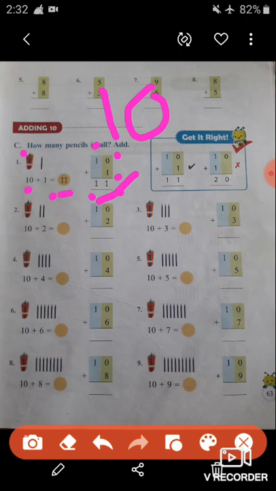Now students, look here, get it right. Students, how to write 10 plus 1 in vertical form is given here. The right form to write 10 plus 1 in vertical form is this. This form is not correct.